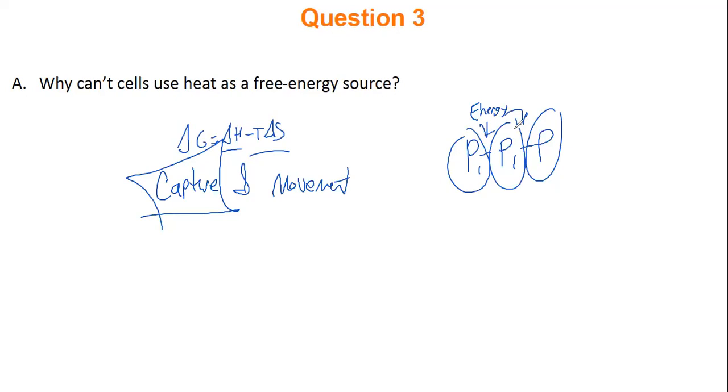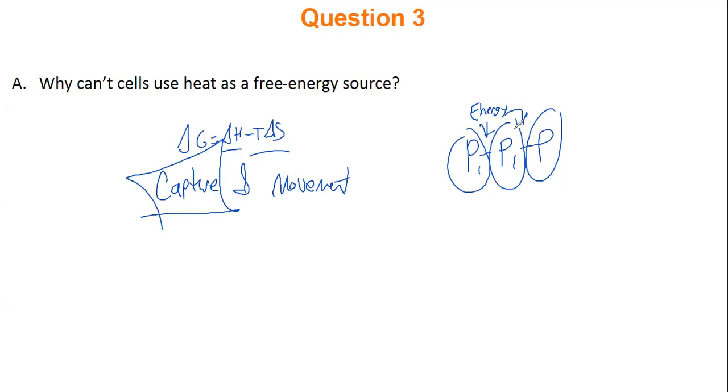When we break those bonds and move a phosphate somewhere else, we are lowering the energy of that bond, and we are using that energy difference to do reactions, to do chemistry. If you just tried to do heat, one, we can't store heat. Heat just dissipates because it's motion. But if for some reason you did get an infusion of heat, as was pointed out, all that would do is make your enzymes vibrate faster.